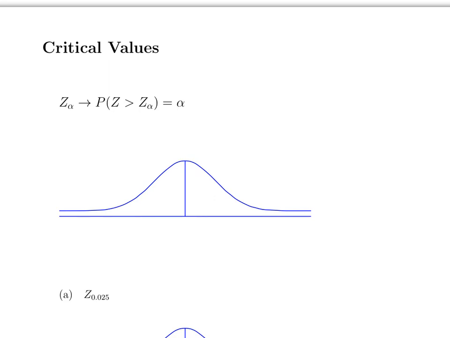Okay, so here, the alpha is the area to the right, or what we've been calling the green area. So C of alpha, this area here to the right, this is what we're going to call alpha.